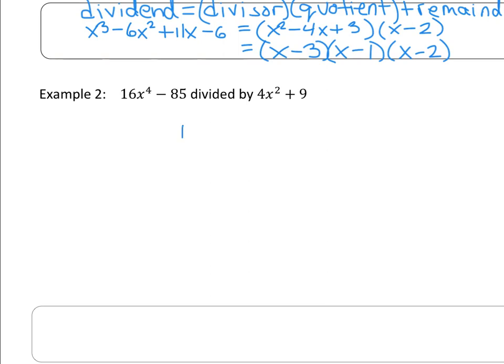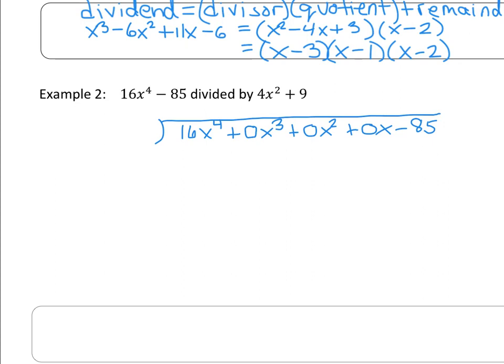So I'm going to rewrite this dividend as 16x to the 4 plus 0 times x cubed plus 0 times x squared plus 0 times x minus 85. I need those placeholders in order to keep all of my terms lined up. Likewise, I'm going to rewrite the divisor as 4x squared plus 0x plus 9.